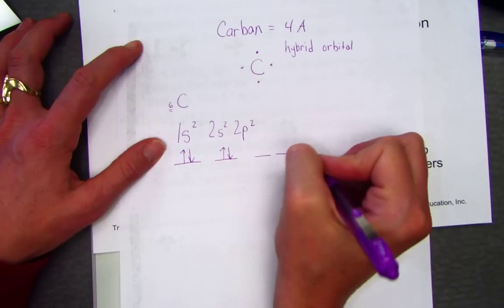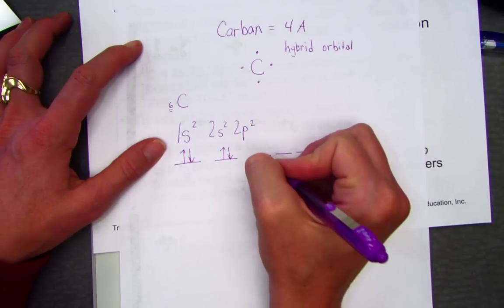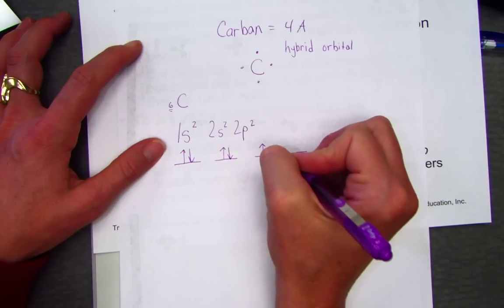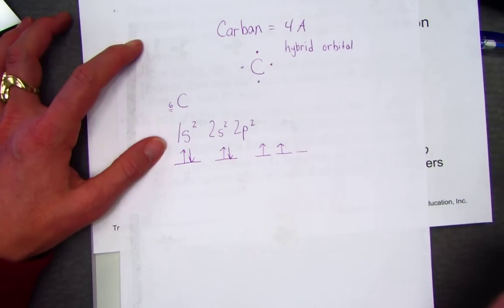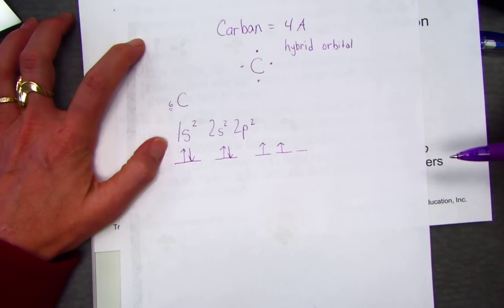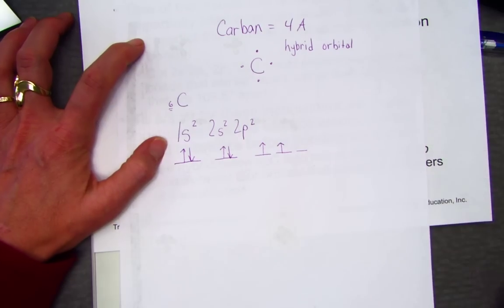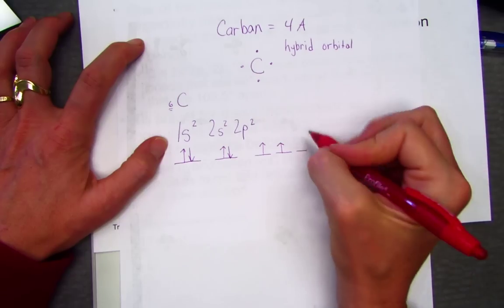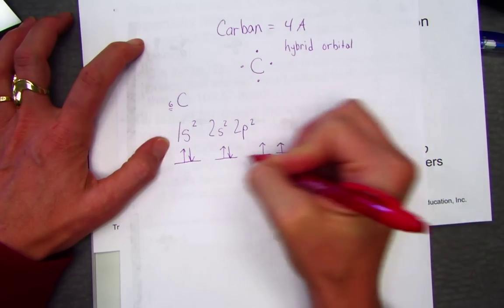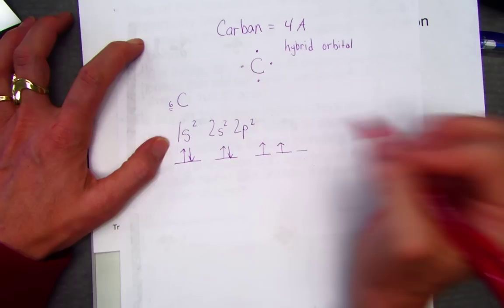The p has 3 different orientations. We called them px, py, pz, and we would place 2 electrons in the second sublevel of the second energy level. But what we notice is we have a completely empty orbital in the p sublevel and a filled sublevel in the s.